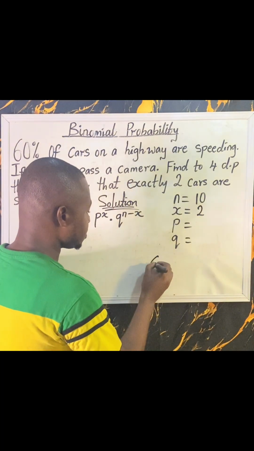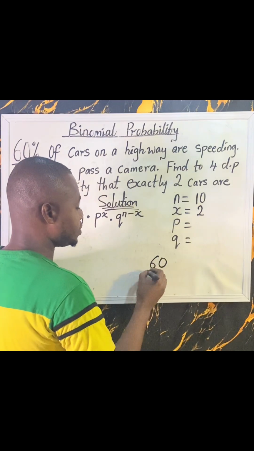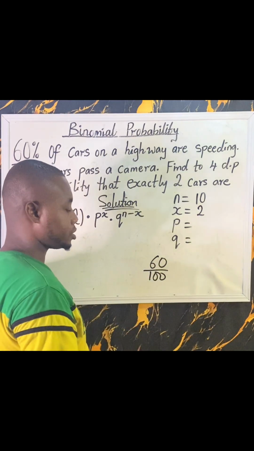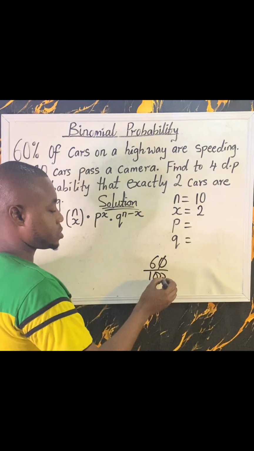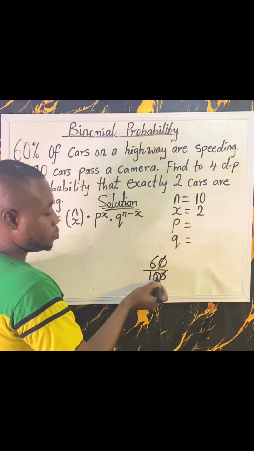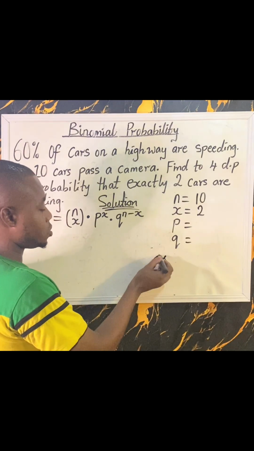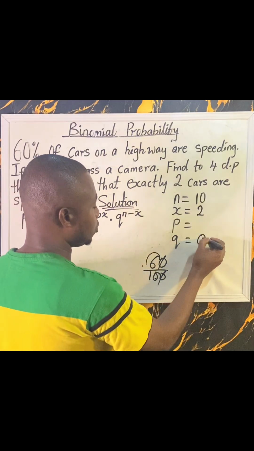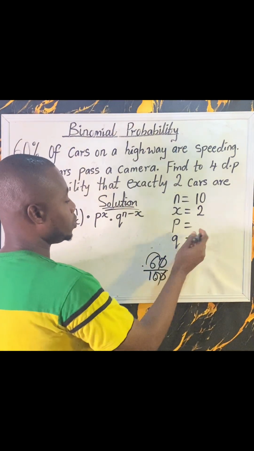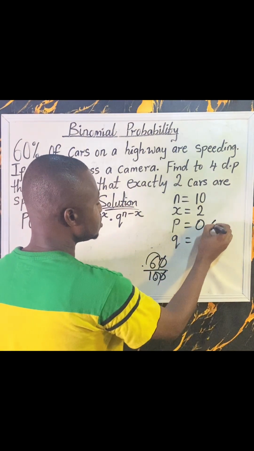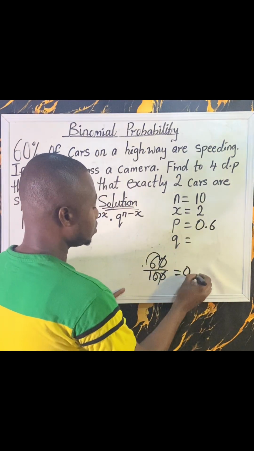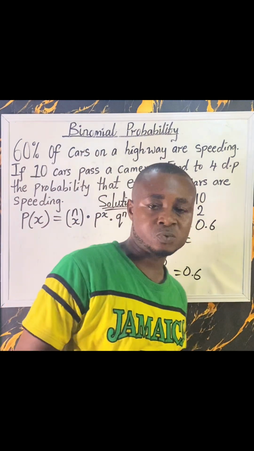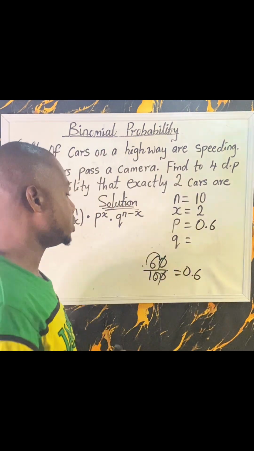If you have 60%, it's the same as having 60 over 100, right? This cancels this. You're having 6 over 10. Move the decimal point one place, so you have 0.6. So 60 over 100 is 0.6 in decimal.